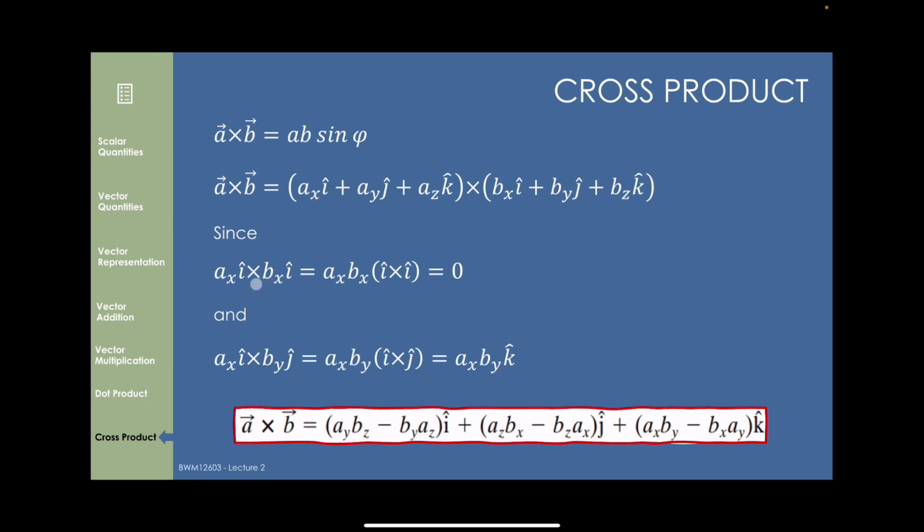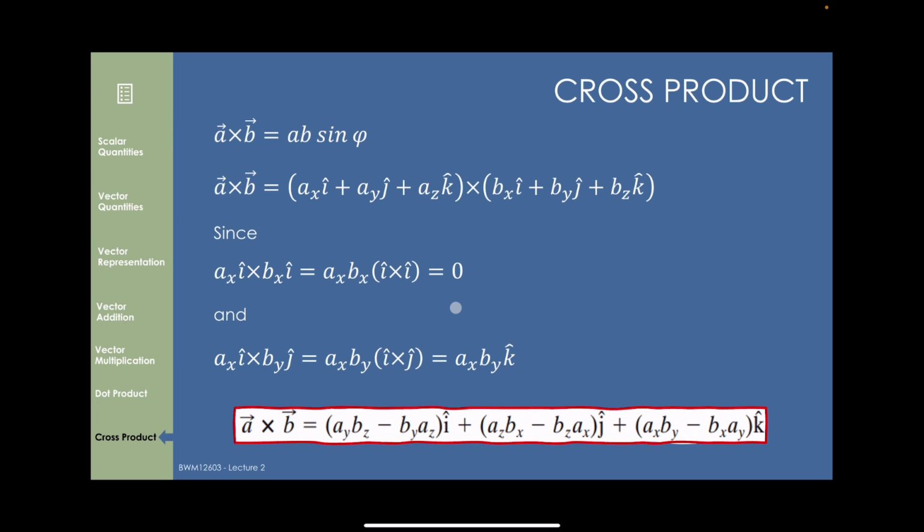So wherever the same unit vectors come, like i cross i, we will get 0, and wherever we are getting different unit vectors, meaning i cross j and i cross k, or j cross i and j cross k, we will have the product of the magnitude of the components times the unit vector which is perpendicular to both.